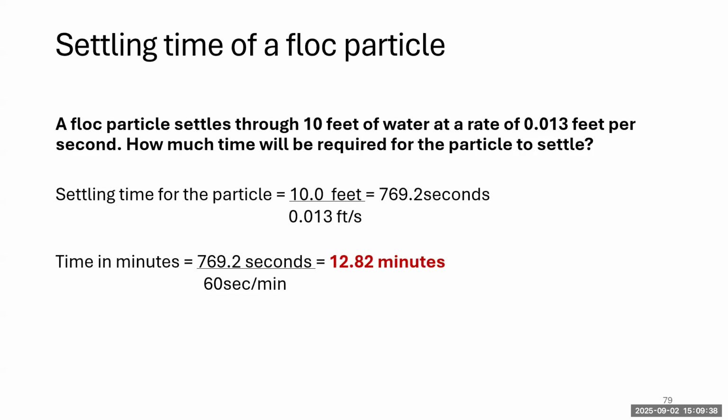The depth is not going to help us. It's the travel time from the inlet to the outlet, or from the center of a circular clarifier to the outside. So the area makes a big difference.